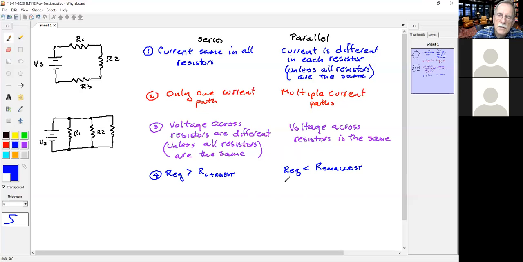So we know it's got to be less than the smallest. We also had the rule with the parallel that the R max is going to be R smallest over N, where N is the number of resistors.